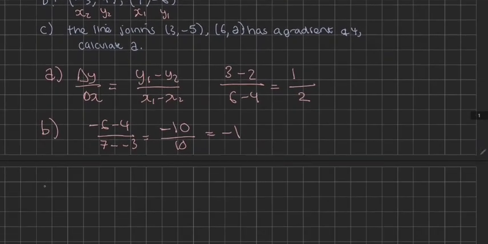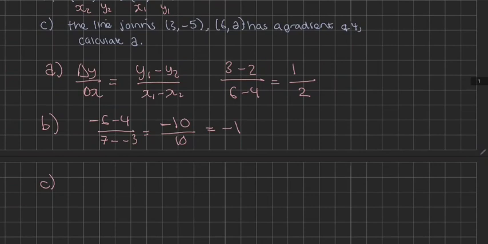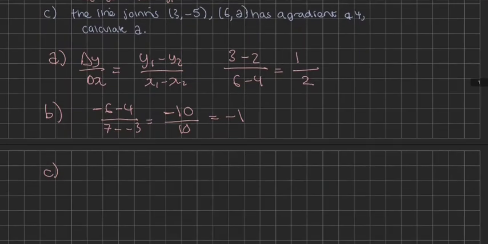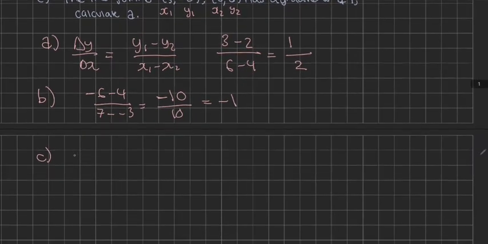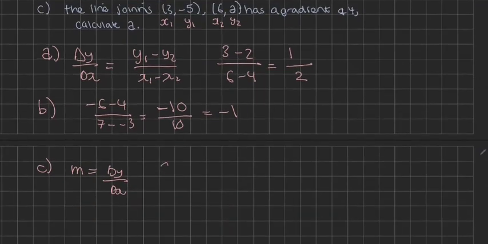And so for part C, it's more problem solving. The line joining (3, minus 5) and (6, a) has a gradient of 4, therefore calculate a. Okay, so if we just label these, say this is x1, this is x2, y1, y2, the gradient is equal to the change in y over the change in x, and so we have a minus minus 5 over 6 minus 3 is equal to, we already have the answer, a gradient of 4.